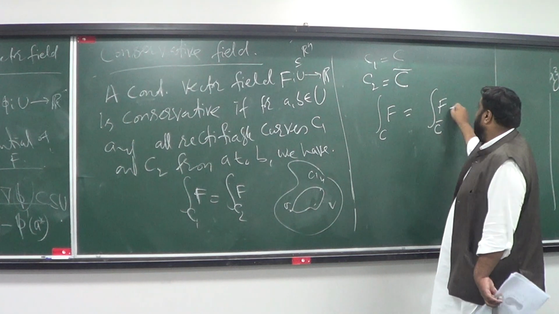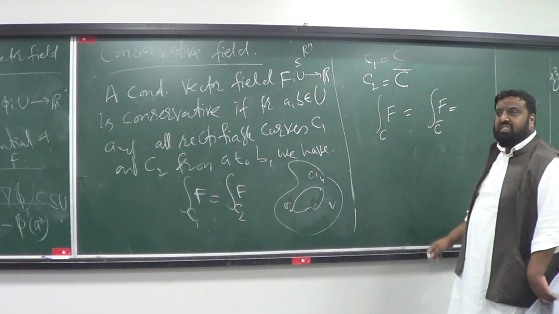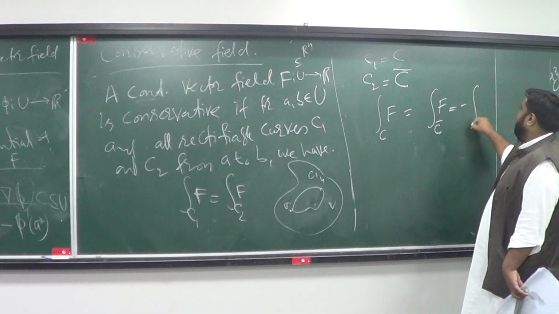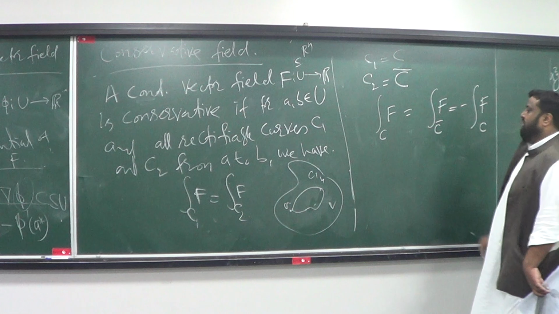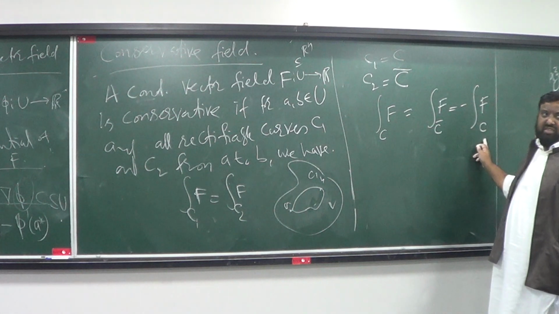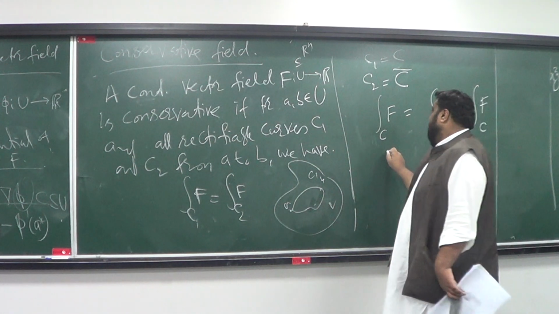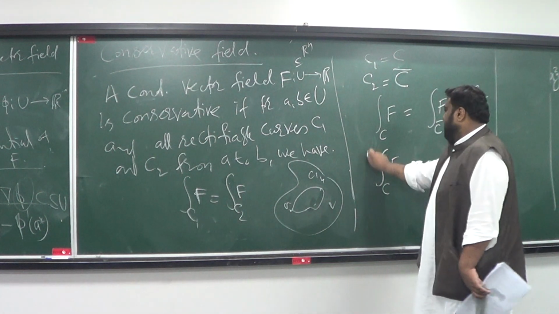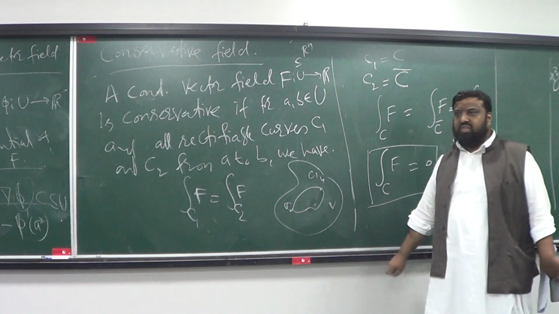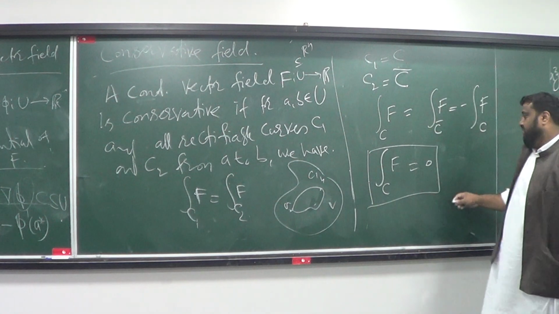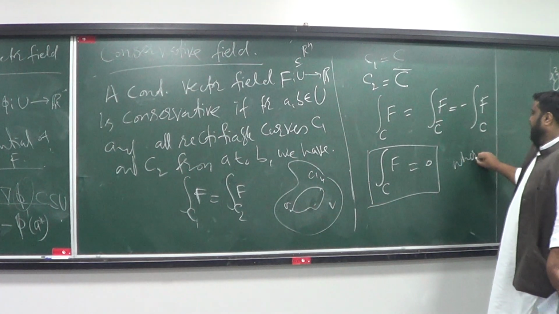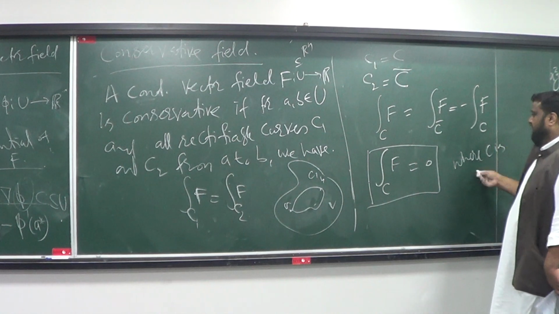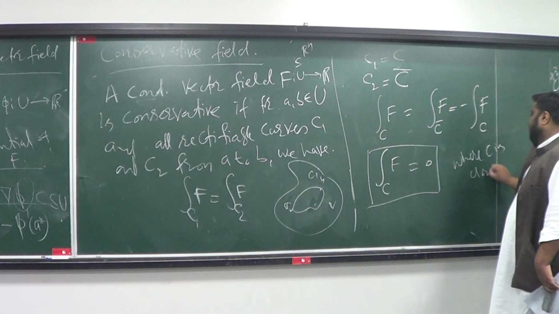But I know the integral over the reverse path is the same as the minus of the integral over the path. So you have the equality, and that means the integral is 0 over the closed loop, where C is a closed loop.